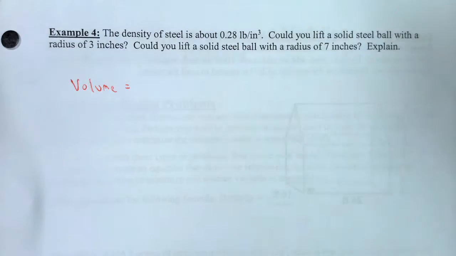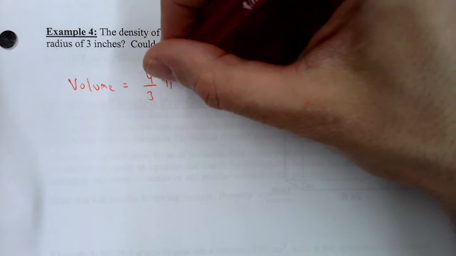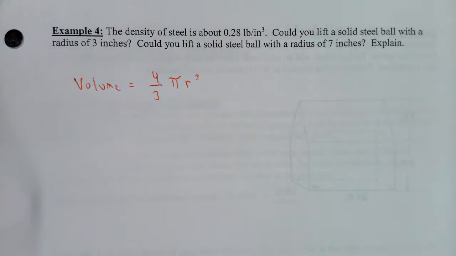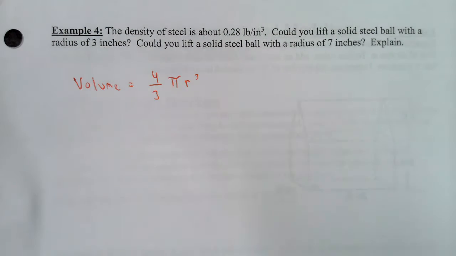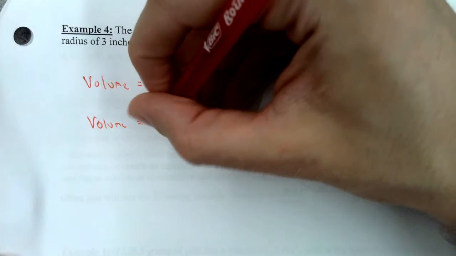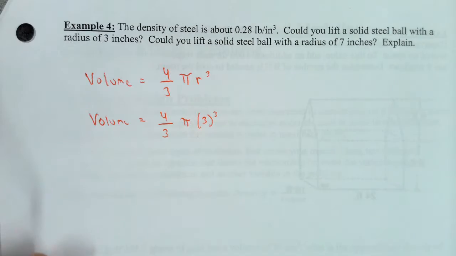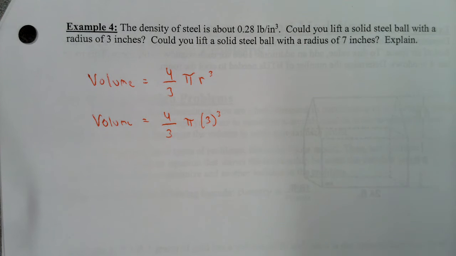Here's the formula for the volume of a sphere. It's a solid steel ball, so it's a sphere. The first ball has a radius of 3, so let's substitute 3 for the radius. 4/3 times pi times 3 cubed. 3 times 3 times 3 is 27 times 4 divided by 3 times pi.